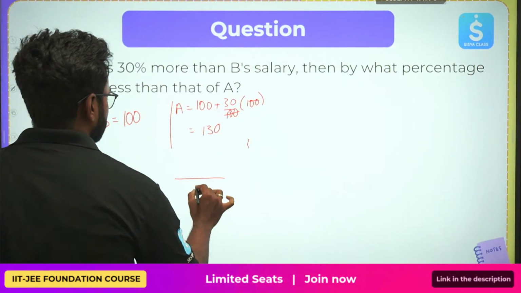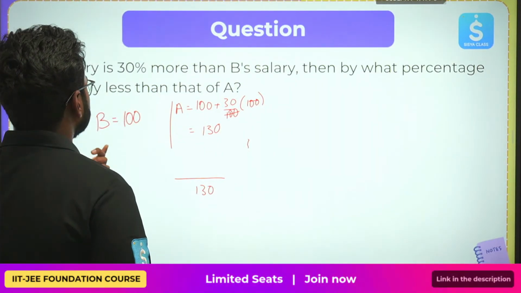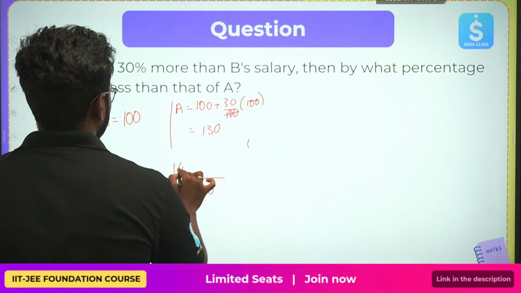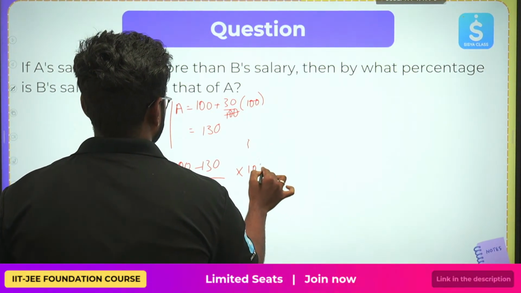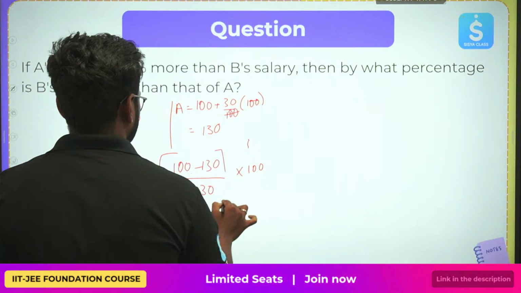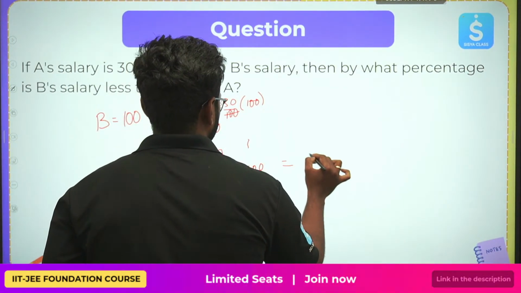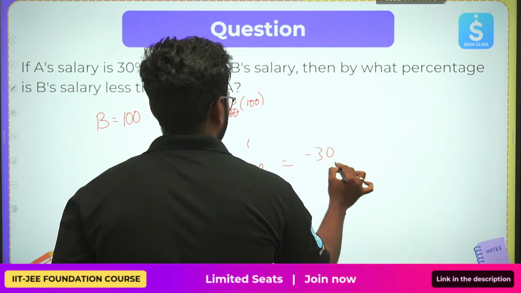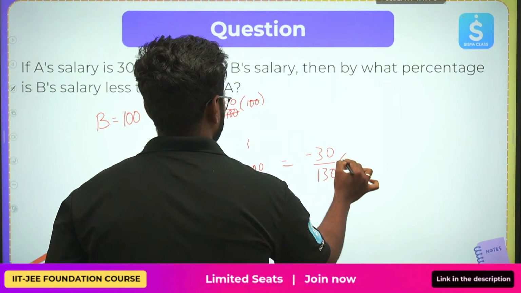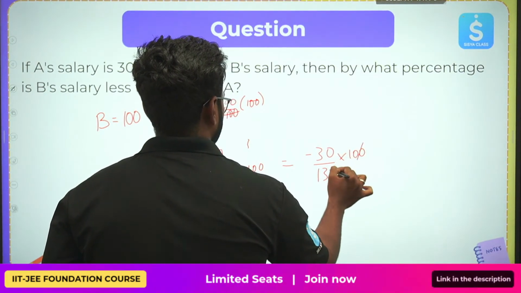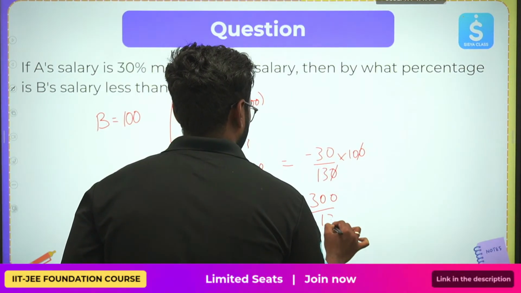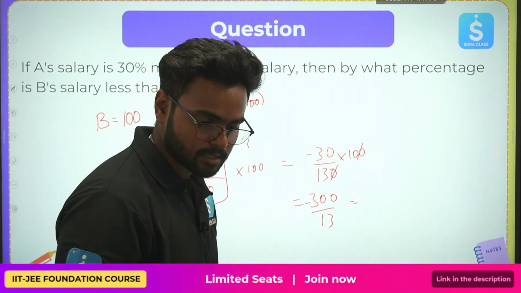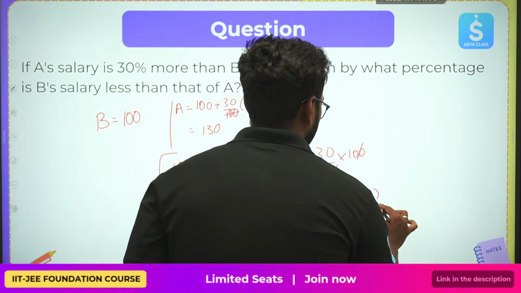So, A's salary is 130. Less than means difference, right? 100 minus 130 into 100. Right? This should be minus 30 upon 130 into 100. If we cancel this out, this would be 300 upon 13. This should be, just a second, 23.1%.